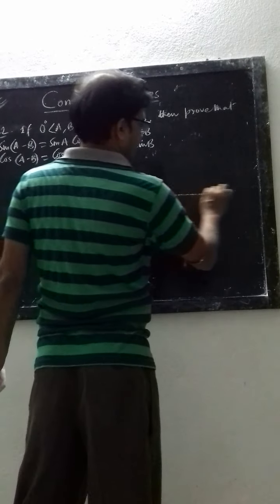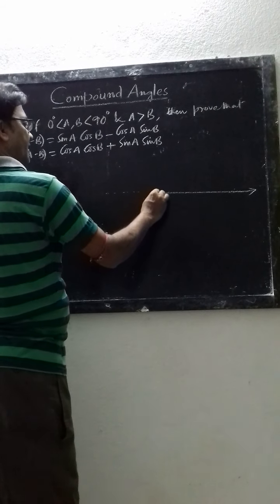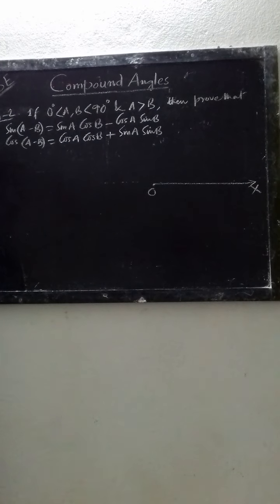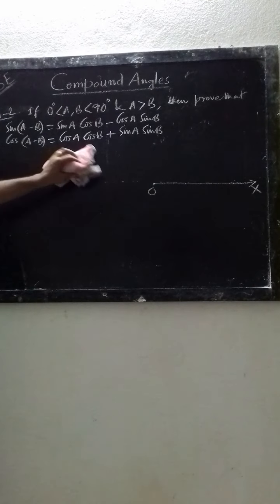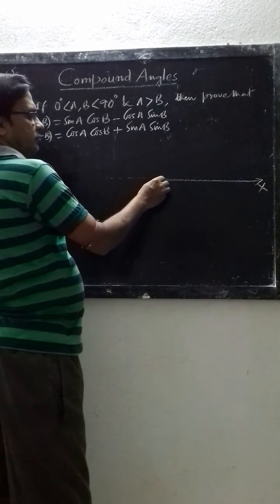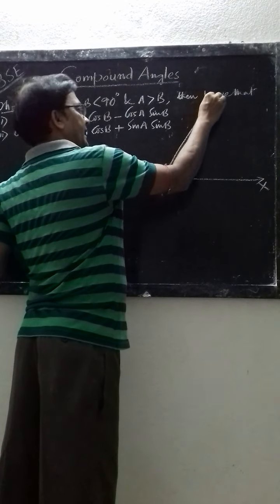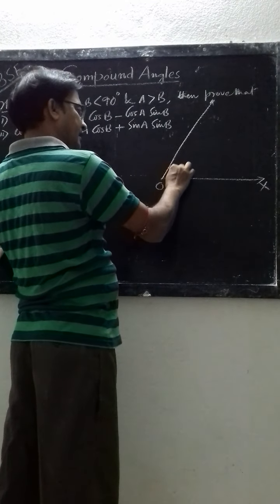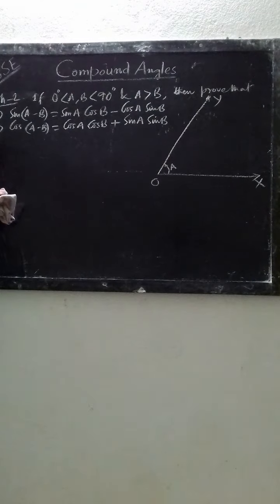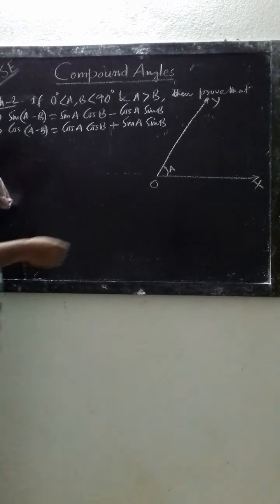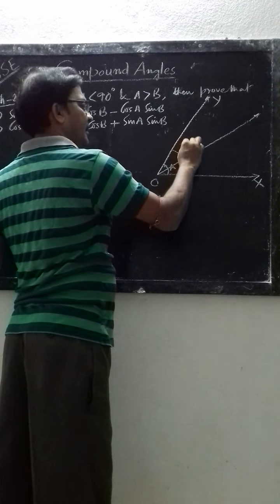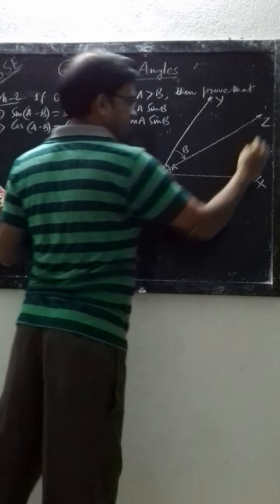Now OX is the initial line. Let the line OX move in the anti-clockwise direction about O through an angle A and come to the position OY. Then it rotates in the clockwise direction through an angle B and comes to the position OZ.